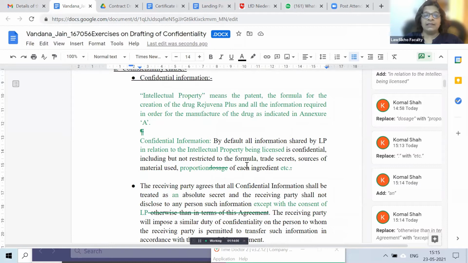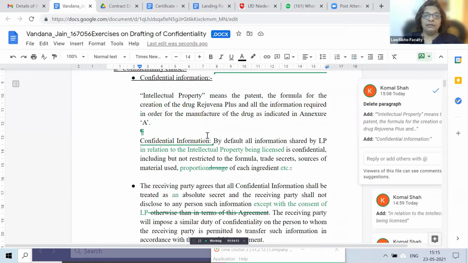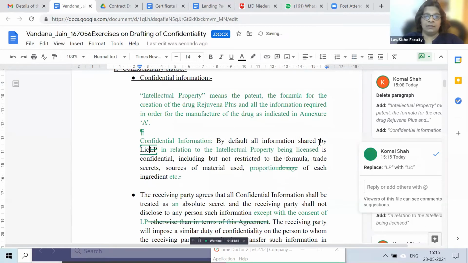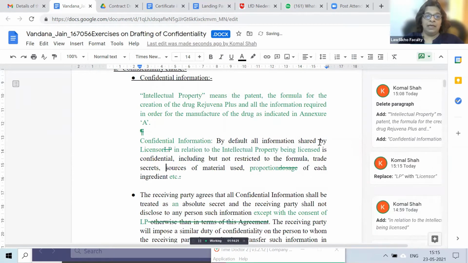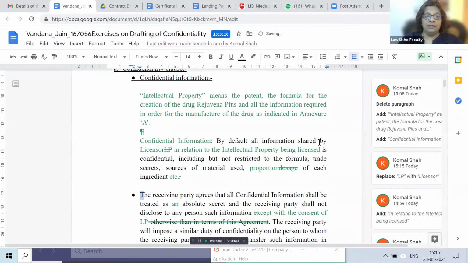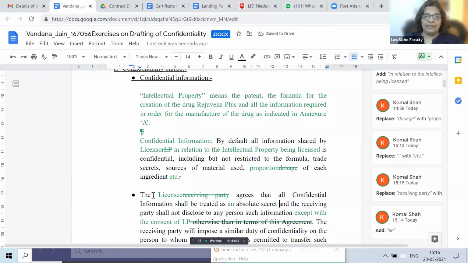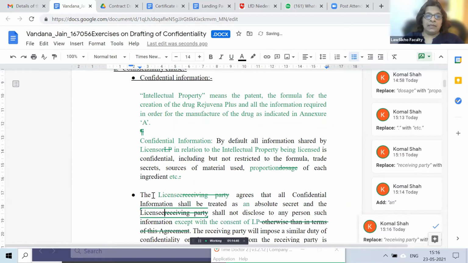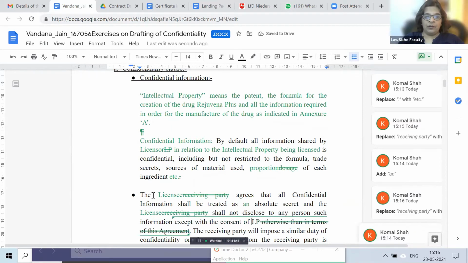This is a licensing agreement. You can simply say licensor and licensee. So instead of LP here, you can say licensor, and instead of the receiving party, you can say the licensee. And the licensee shall not disclose to any person such information except with the consent of the licensor.